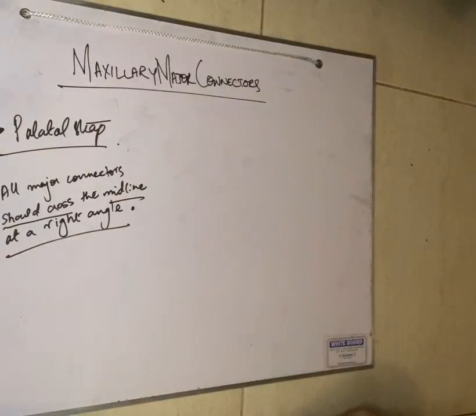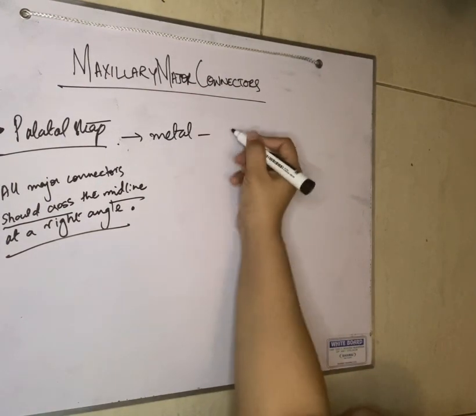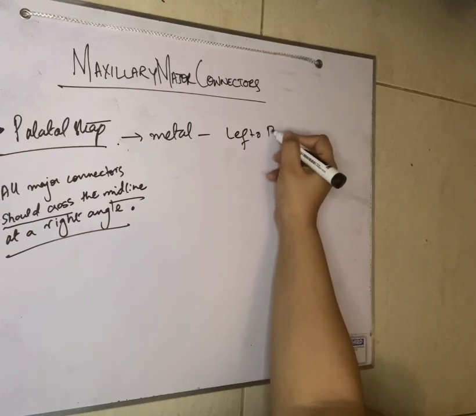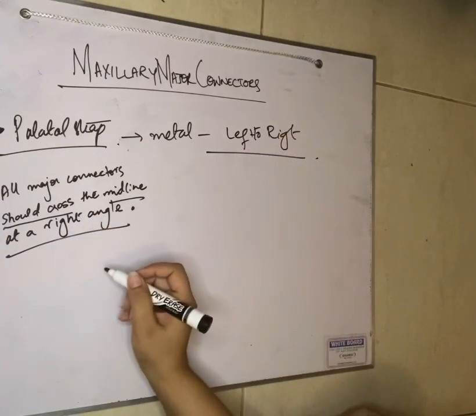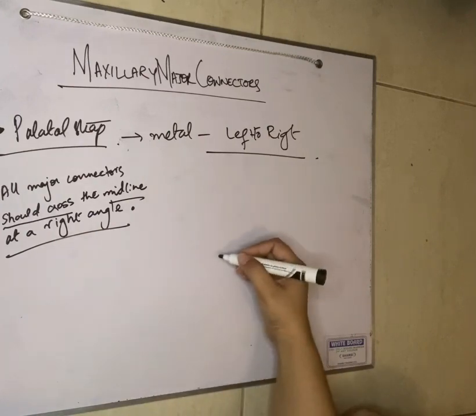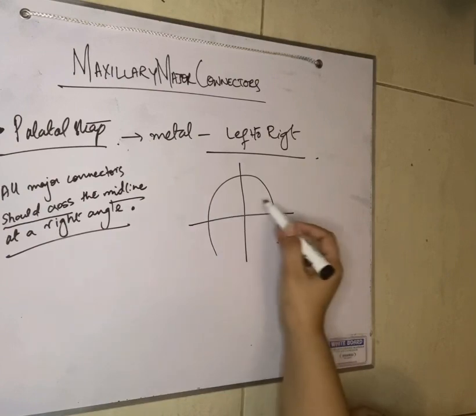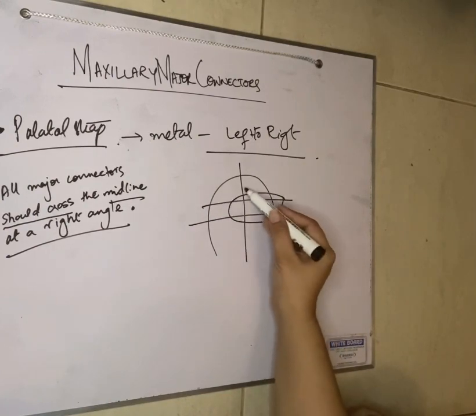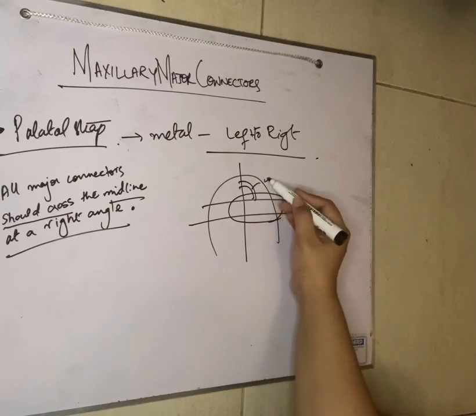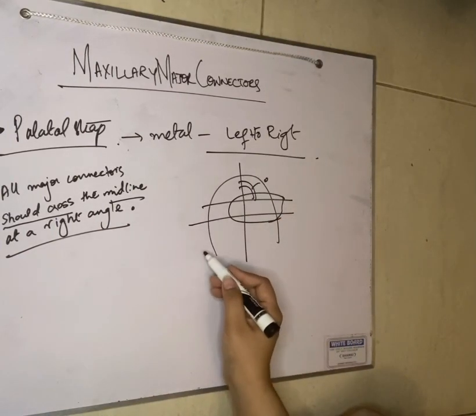So the next design is the palatal strap, in which there is a metal strap from left to right, and in this the major connectors would pass through the midline and form a right angle, right? And this is basically true.